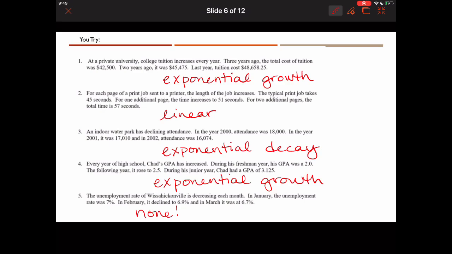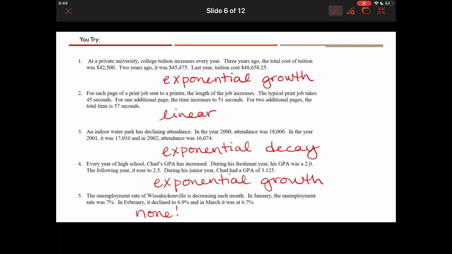So 1 should be exponential growth, because hopefully you found that every year the tuition was multiplied by 1.07. Number 2 is linear, because for every additional page, we're adding 6 seconds to the time.